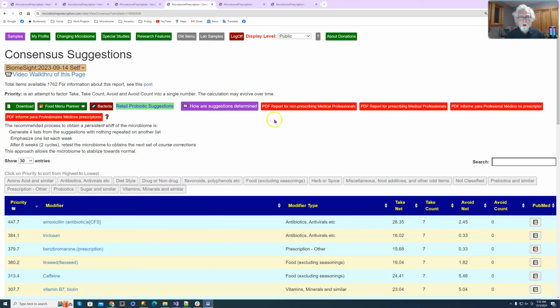And usually on the PDFs, I take half that value as a cutoff point to keep the number of items listed short. We don't want 1,700 items listed in it. That's overkill. And basically by going back and forth, I find that if I go for half the value, I get a reasonable half-page list of things to take and things to avoid, which for most people is more than enough information to saturate them.